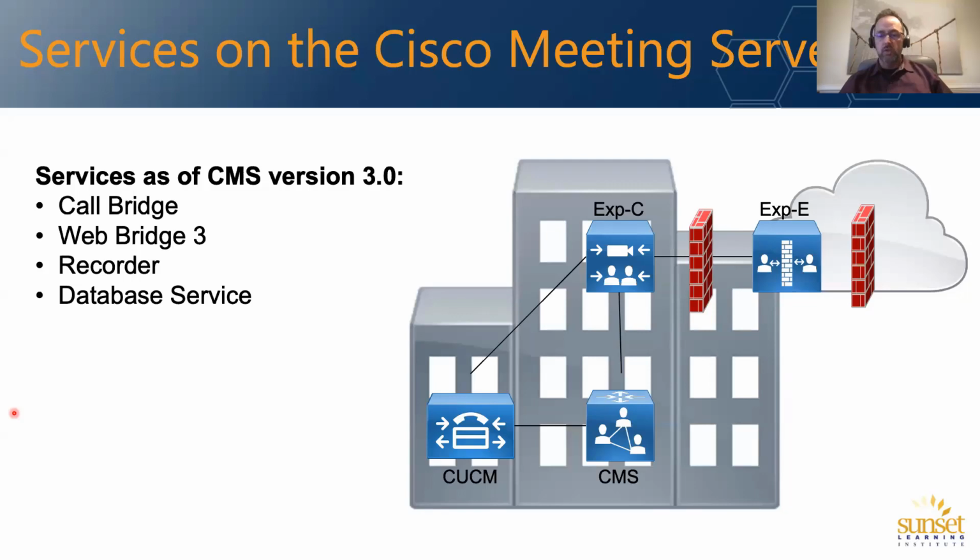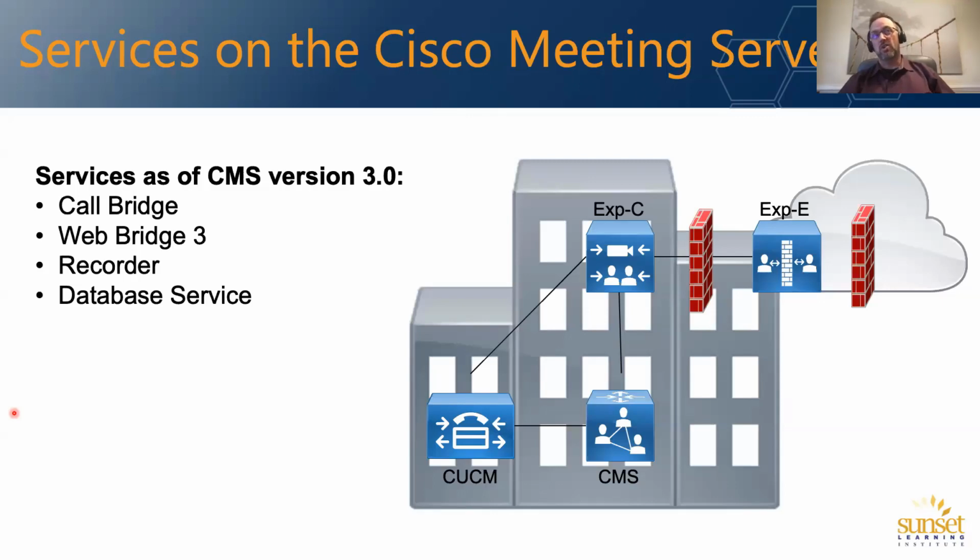This service only needs to be activated and configured when you're clustering CMSs, but it's not needed for a single combined server deployment, because again, it's not the same thing as the actual database. It's just the service that allows data within the database to be replicated.